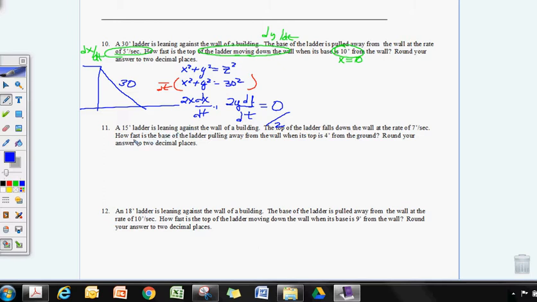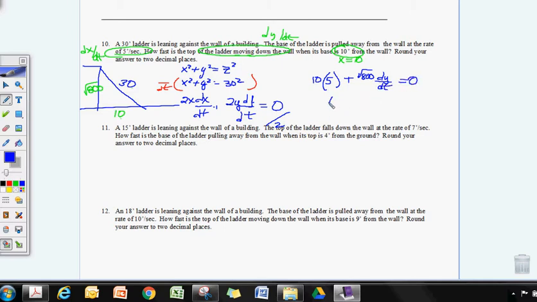Now it's just a matter of plugging things in, but the one thing you need to remember is that at that instant, I know this is 10 and this is 30, and if I do the Pythagorean theorem, I can figure out that this is the square root of 800, and I'm not going to change it from that. So when I come in here, I get my x value of 10, my dx/dt value is 5, added on to my y value of square root of 800, and I'm looking for dy/dt, and it's going to equal 0.